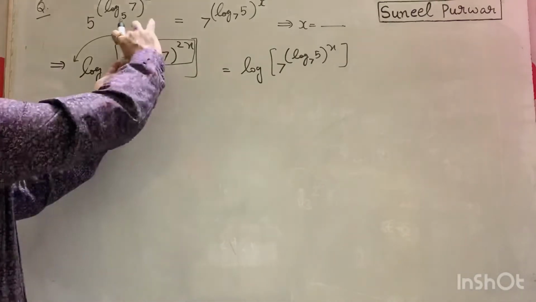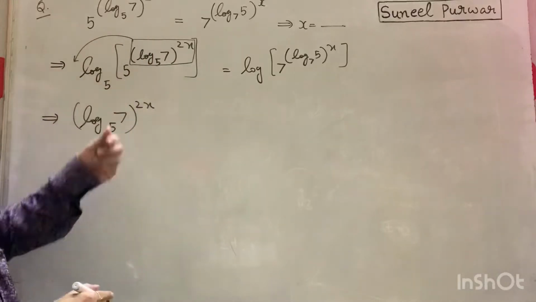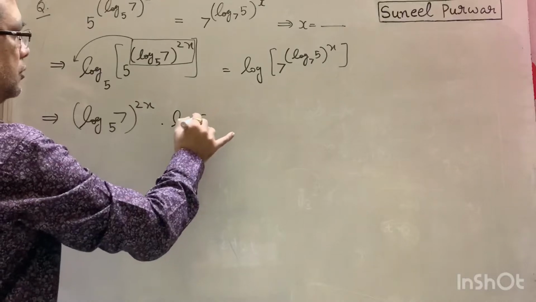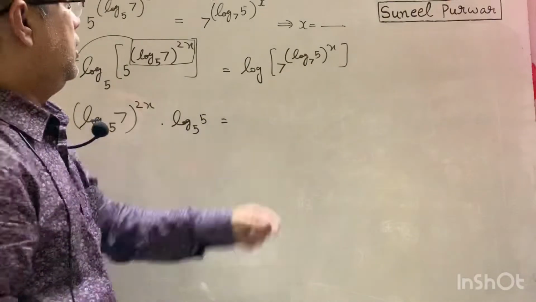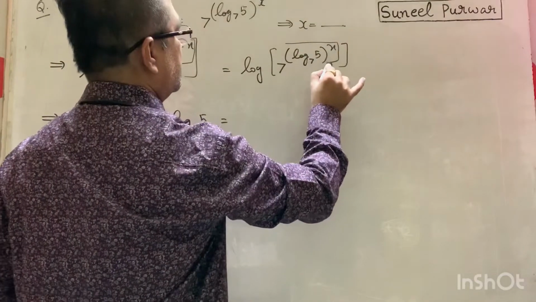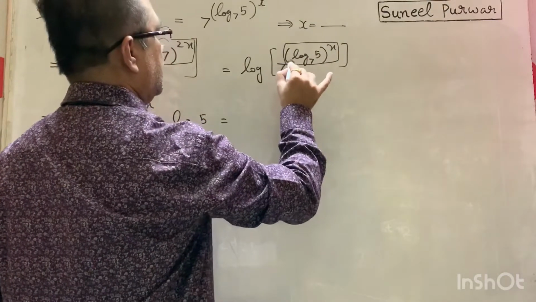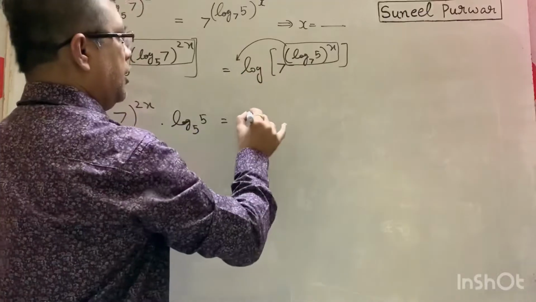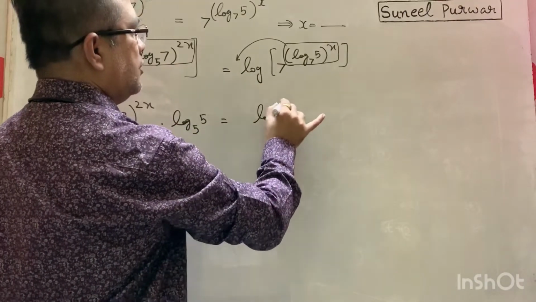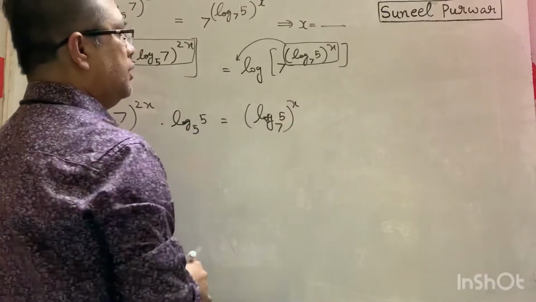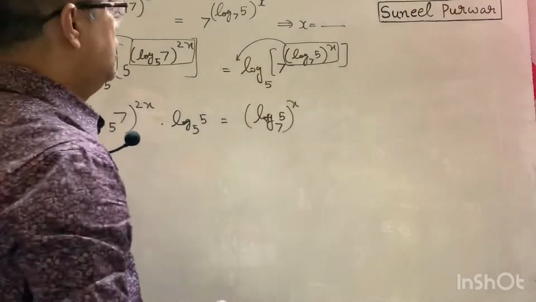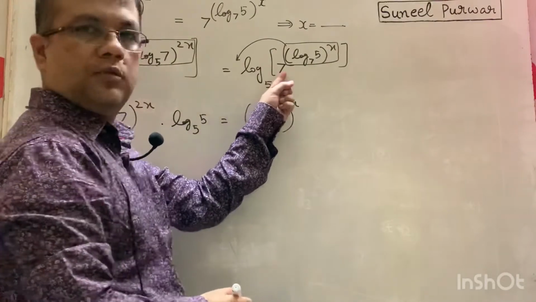This whole power comes out and you have log of 5 to the base 5, which is 1, is equal to, 7 to the power this thing. So this power will fly out and you will have log of 5 to the base 7 power x, whole power x, and we have taken log at base 5 on both sides. So after this what is left? Log of 7 to the base 5.